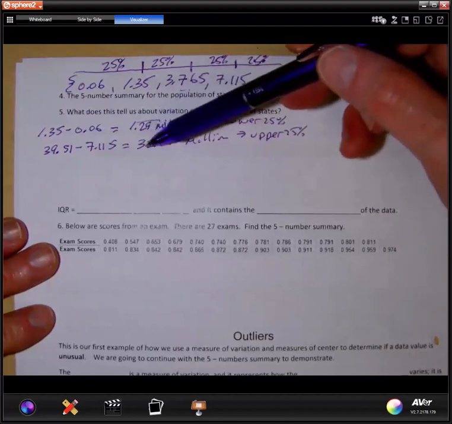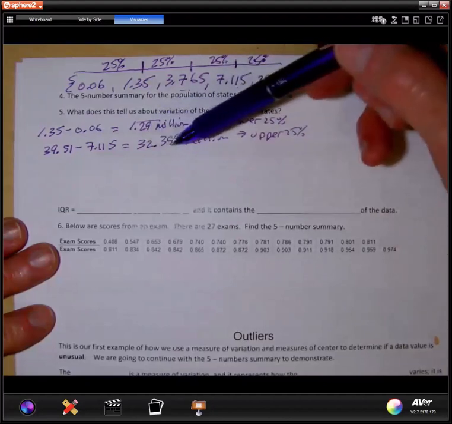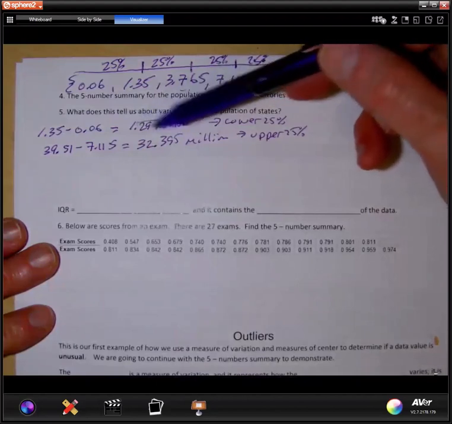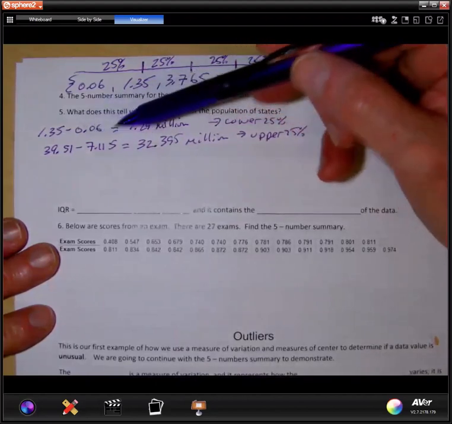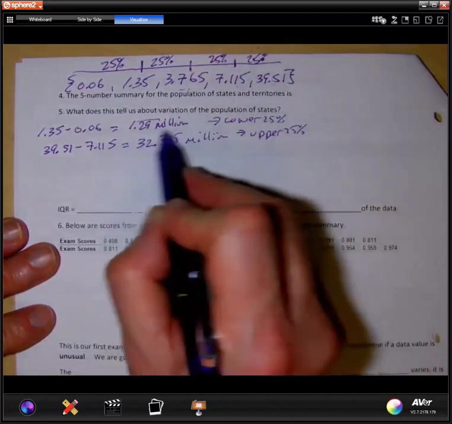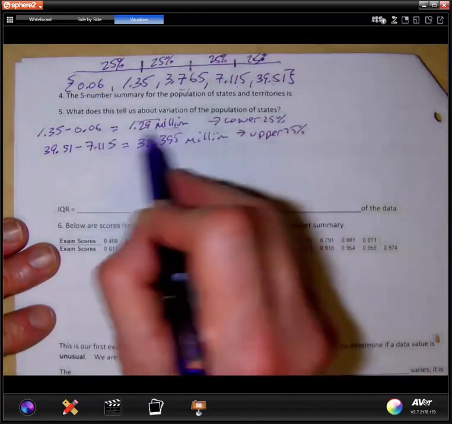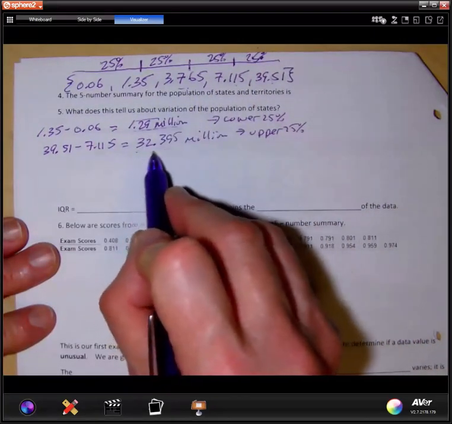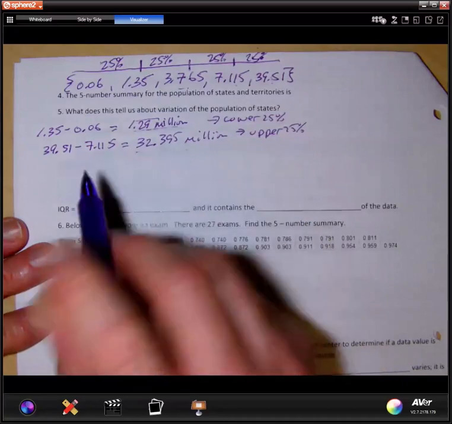It can go anywhere, there's a range of 32 million versus the lower 25%, which only has a spread of 1.29 million. So the lower 25% contains a quarter of the information, but spread out in this range right here. It's very tight, while the upper 25% has a huge range.